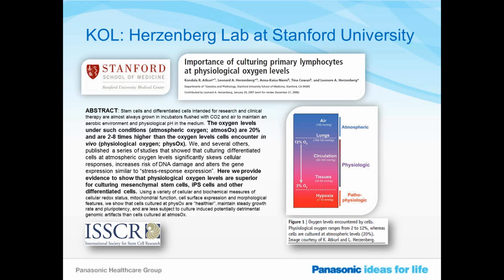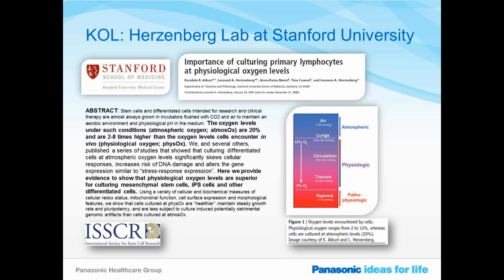Working at physiologic oxygen levels, they've been able to get better viability in their cells and better redox states, and that comes into play when you're going further down the line in your research protocols, whether in cell therapy or other types of studies where you need those cells to be more viable.